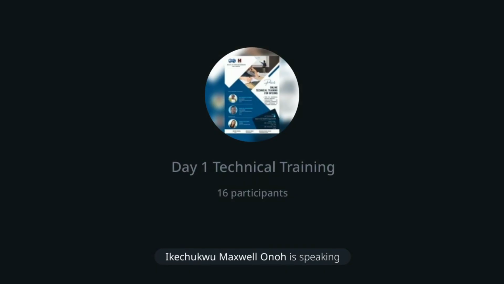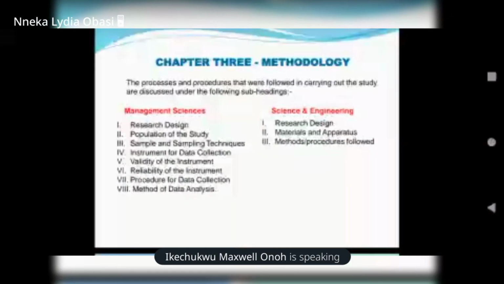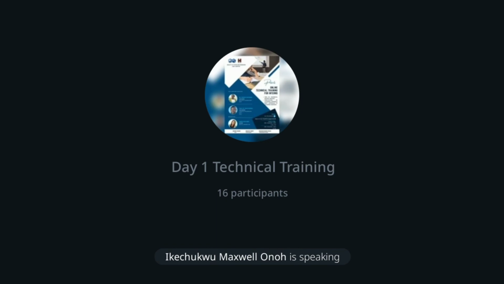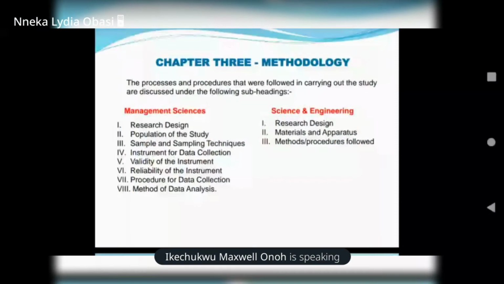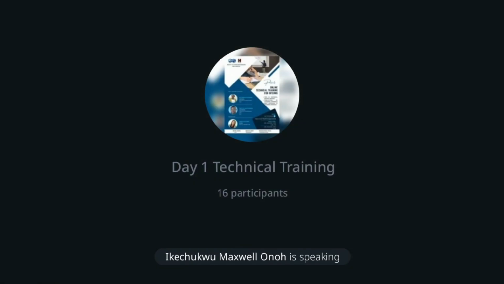Research design refers to the overall strategy utilized to carry out research, defining a logical plan to tackle established research questions through data collection, data interpretation, data analysis, and data discussion. In doing that, we must always look at the population of the study.